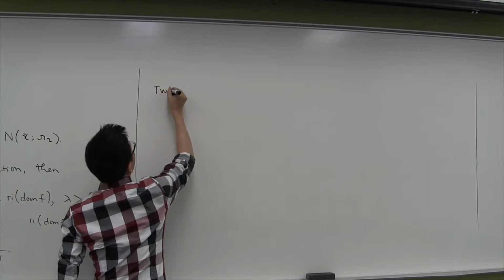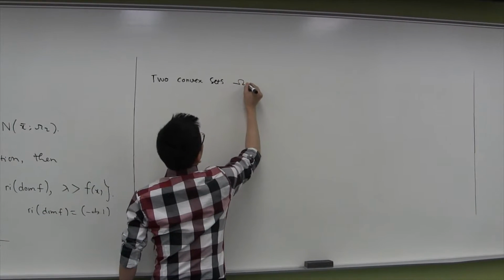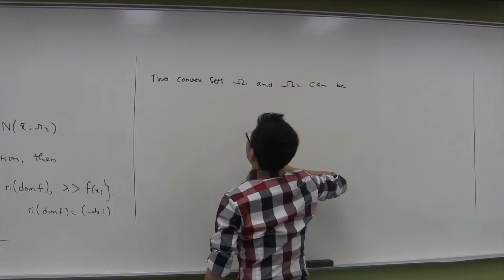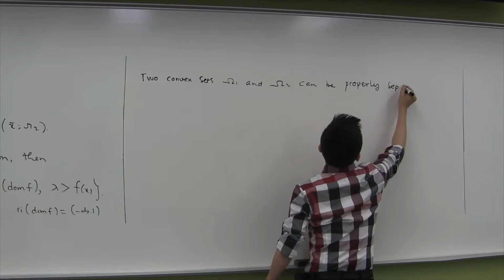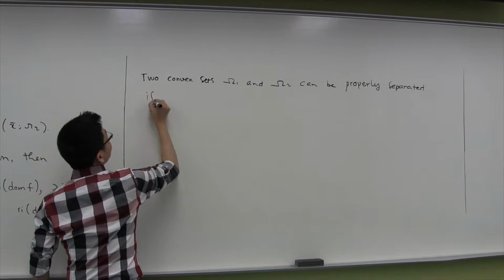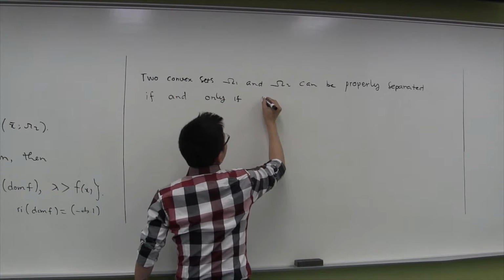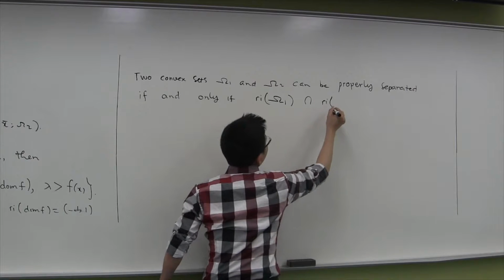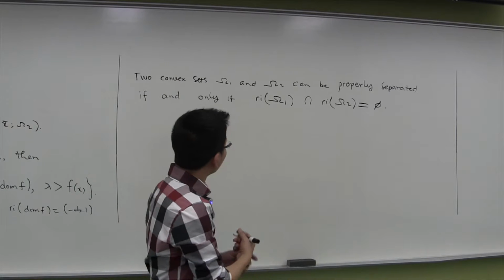Two convex sets omega 1 and omega 2 can be properly separated if and only if the intersection of the relative interior of omega 1 and the relative interior of omega 2 is equal to the empty set.